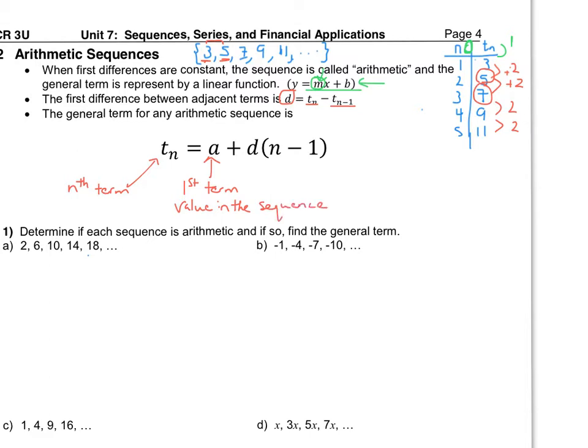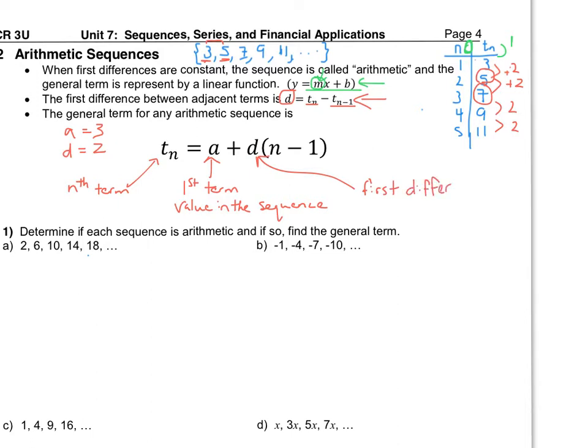In this particular example, A is equal to 3. And we said our D is equal to 2, because that's our first difference. That's what we're going up by every single time. D is the common difference, or the first difference, also known as the common difference.